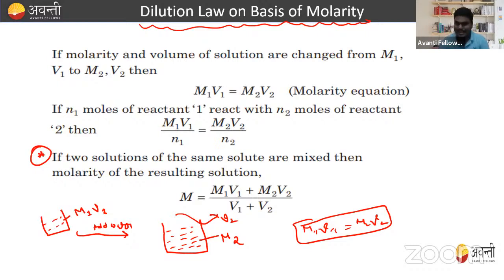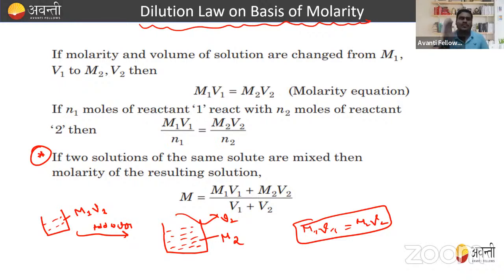Okay, so in today's class, what we covered so far: we saw what solute and solvent are. We saw different types of solution as well. How many types of solution are possible? Out of these, in this chapter we are going to study only liquid solutions, whether liquid dissolved in liquid, solid dissolved in liquid, or gases dissolved in liquid.